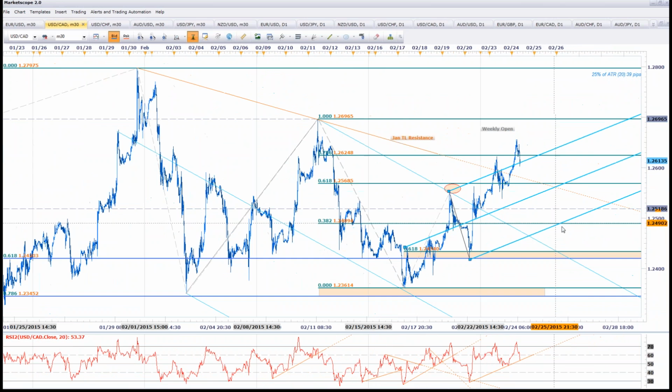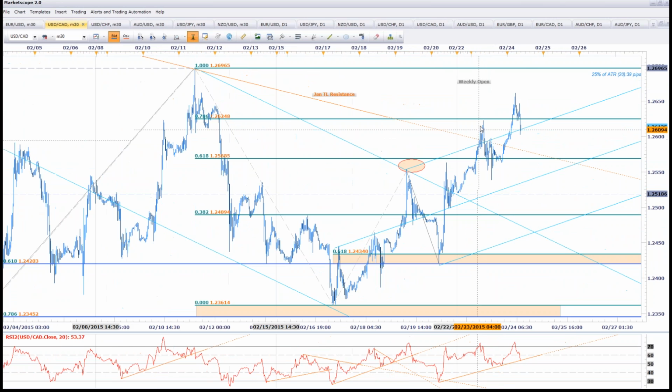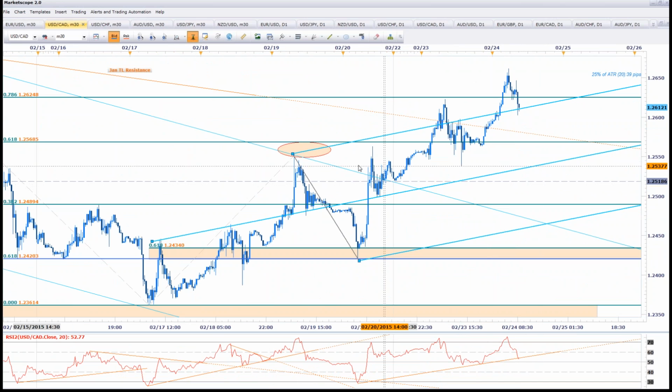But what I want to look at is this basic trendline resistance off the highs. We had a false break earlier in the week. If this is the real break, come back, check former resistance as support would be the first area I would start to look to get back on the long side, Will. That takes you down another 40 pips from where you are up there before you start to even look higher. I just don't have enough validation on this slope to necessarily take a long from here.